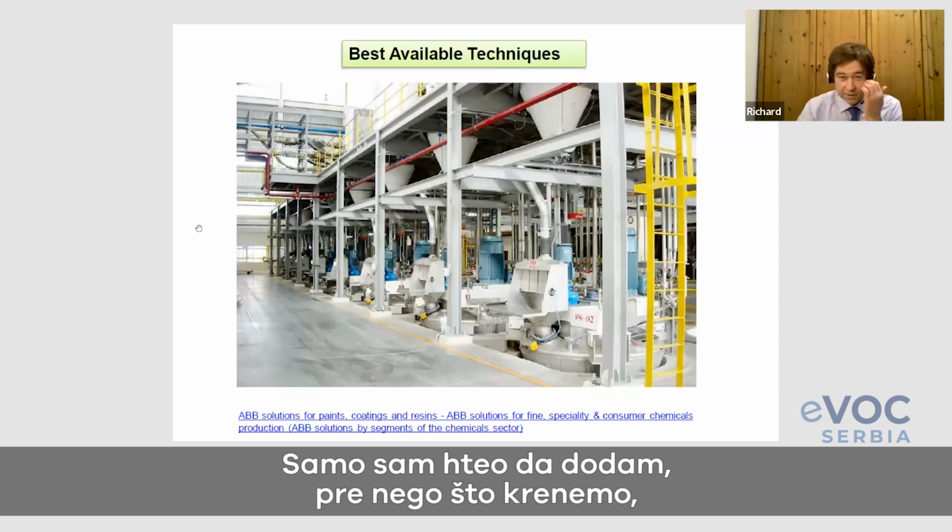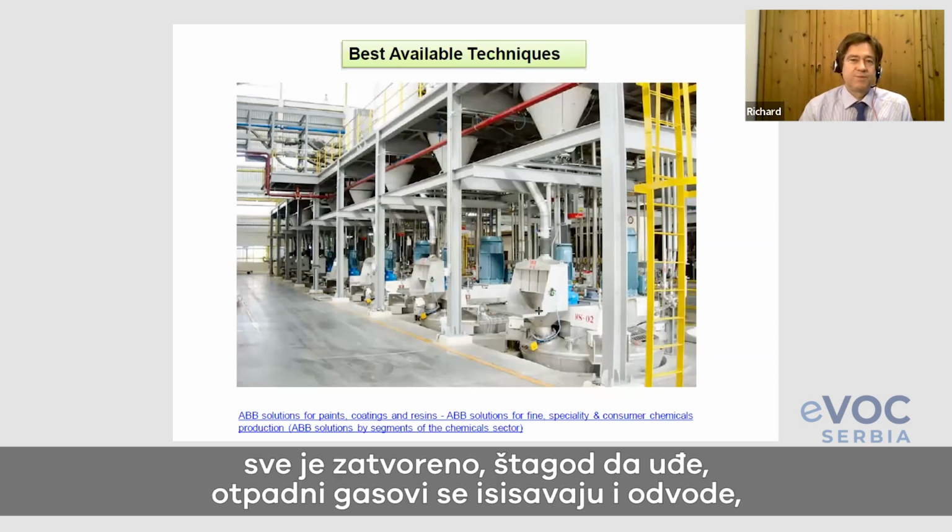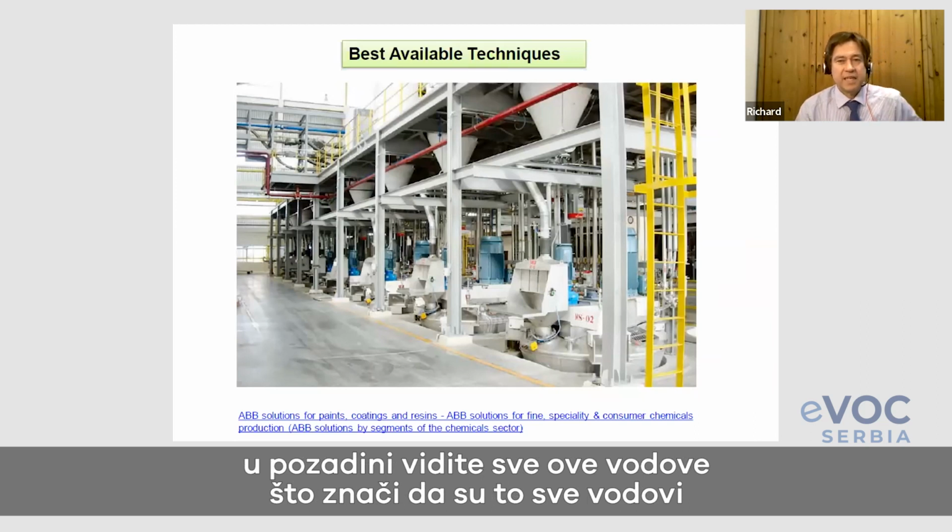So I only want to add before we start here, because if you see here, that, for example, is a very high-end level installation where you see everything is closed. If you put something here in, the solids are extracted to a solid waste gas line. You see all the lines in the background.